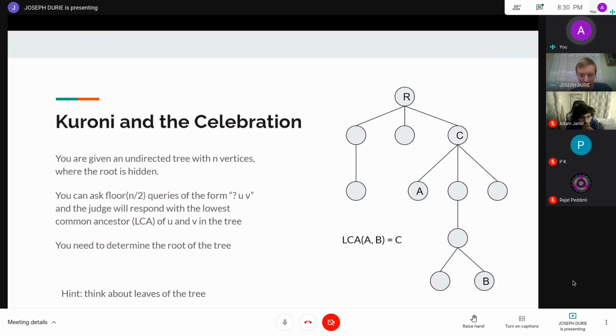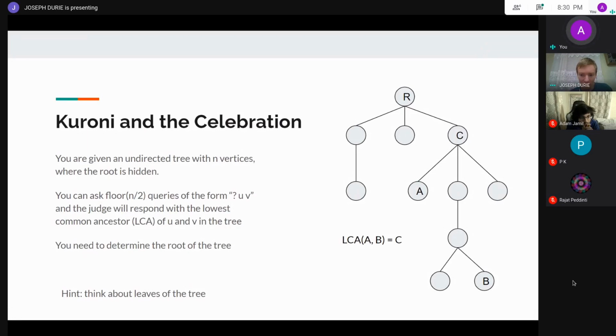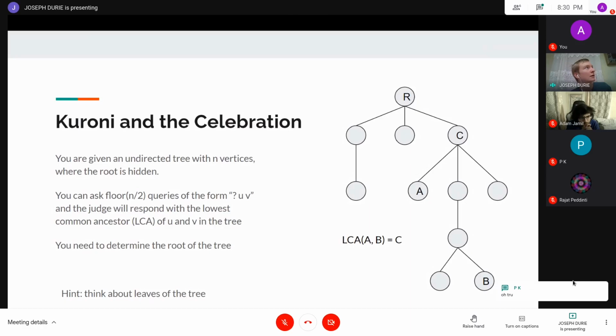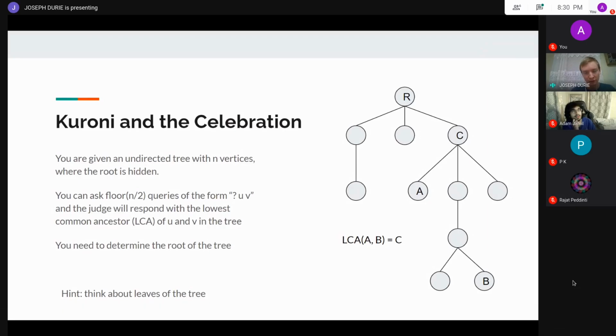The LCA of all the leaves is also the root. You can't literally query that, but I think you can also do a pairwise LCA of all the leaves, and that'll work. If you do a DFS and order your leaves like that, and query all the leaves adjacent to each other, then you get the root.